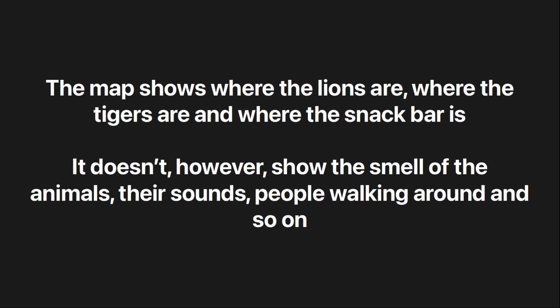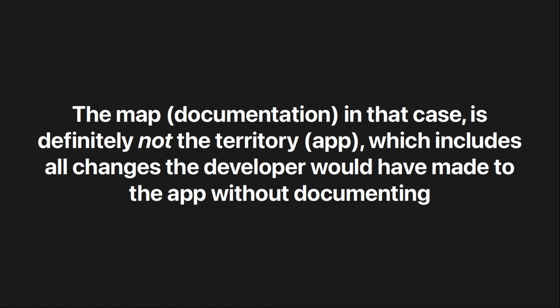Like, you can take another example, right? We can apply this in terms of outdated documentation for a program. The map, which is the documentation, in that case, is definitely not the territory, which is the app itself, which includes all the changes the developer would have made to the app without documenting. Okay, so it's like going to a completely new place with an outdated map.